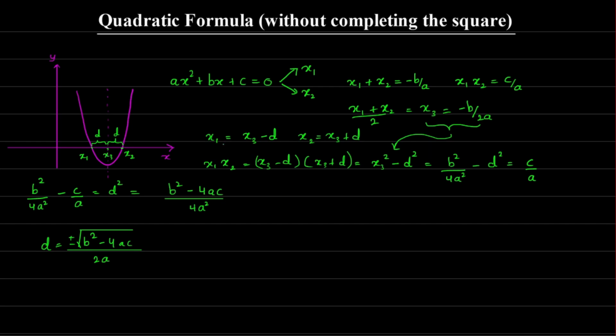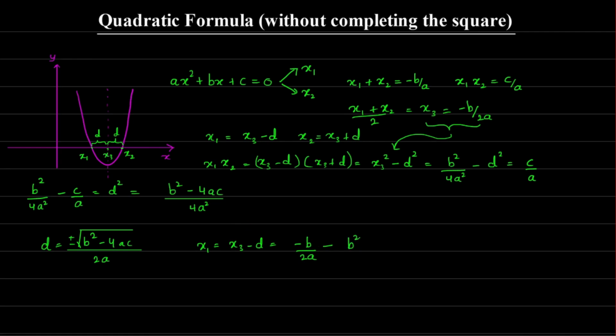Now we can write down the equations for x1 and x2. So x1 is equal to x3 minus d, where x3 is equal to minus b over 2a, minus this particular expression. Since this is going to be minus and then x2 is going to be plus, it is not necessary to have a plus or minus here, so we just use the positive sign there.